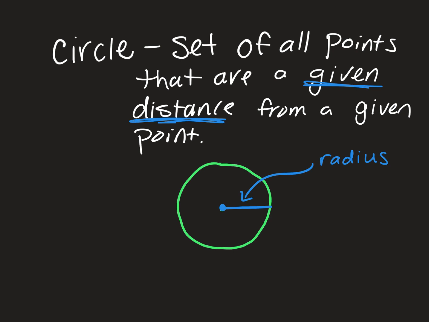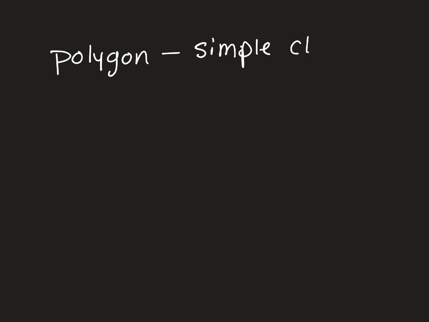Let's talk about polygons. A polygon is a simple closed curve. What does that mean? Closed means it starts and ends at the same point, and it doesn't cross over itself.